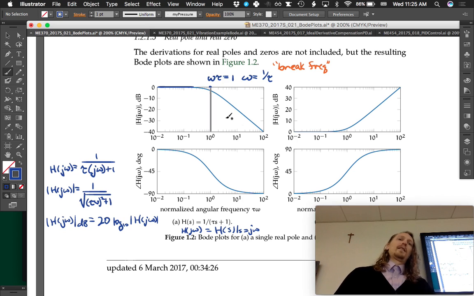Is that the square root of tau squared or tau omega squared? It's tau omega. Sorry, that's not very clear. That's you rationalizing that fraction, right? I could rationalize the fraction and then take the square root of the real part squared plus the imaginary part squared. What I chose to do is find the magnitude of the denominator separately from the numerator and combine them that way.